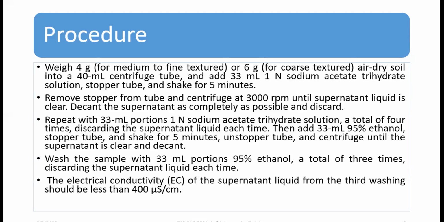Also make this washing process with ethanol 3 times, always discarding the supernatant liquid each time. At this level, the electrical conductivity of the supernatant liquid from the third washing should be less than 100 microsiemens per centimeter.